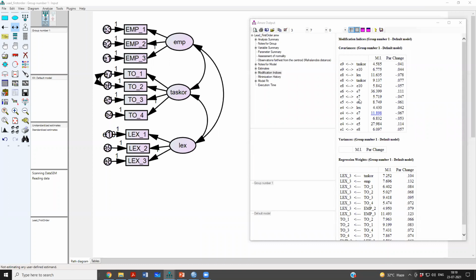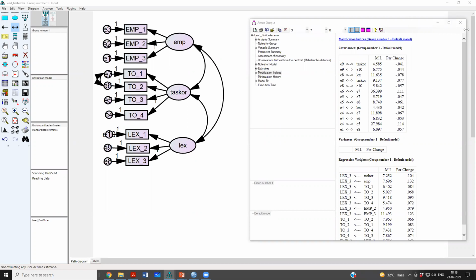So I see four hands raised. Kishore? Yes, sir. I had a small question. When it says 36.399, does it mean that the items are similar, hence you have to co-vary? Not the items are similar, not the questions.